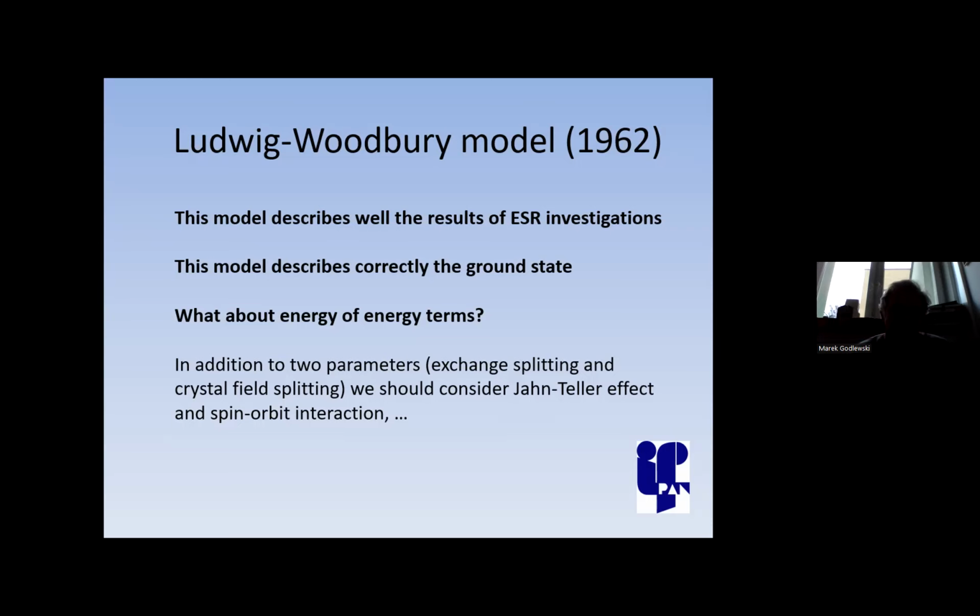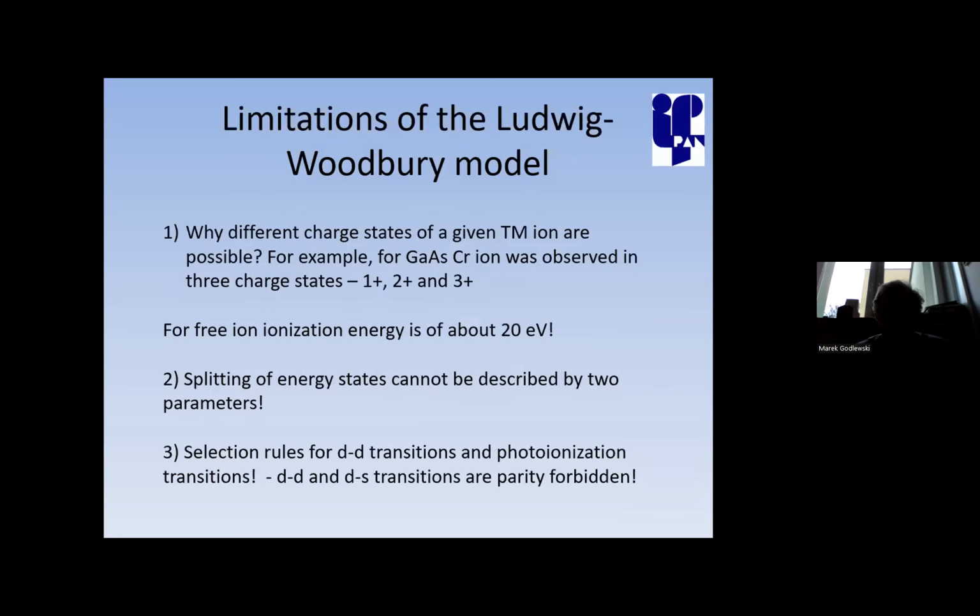It gave the spin multiplicity, and the ground state was also correctly described. The problems only started, and that was the first indication that something was missing, when we looked at splittings and higher energy terms. Something was wrong. That was the first indication that the proposed model was too simple.